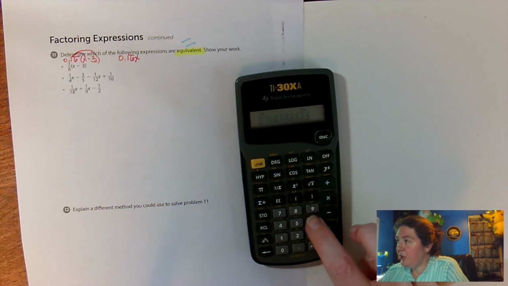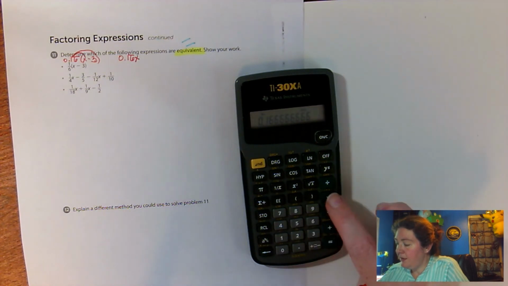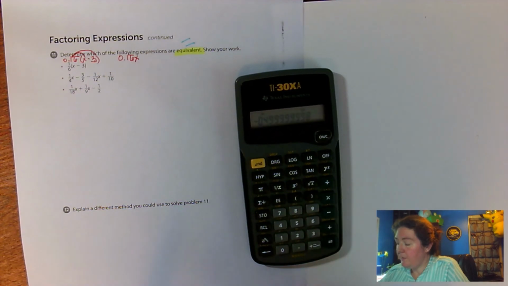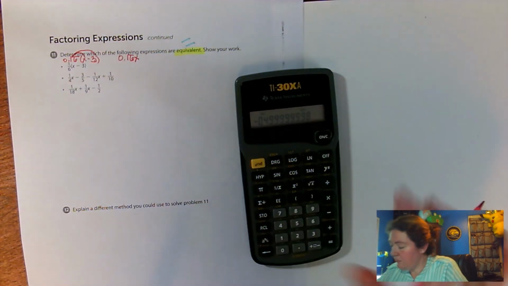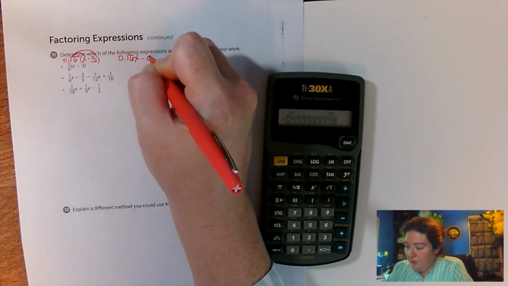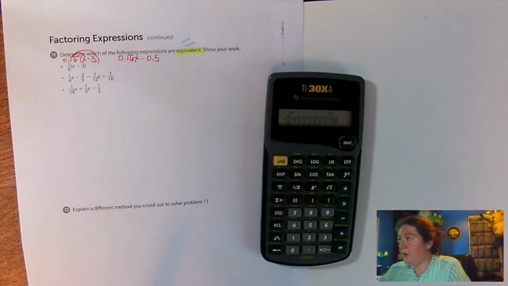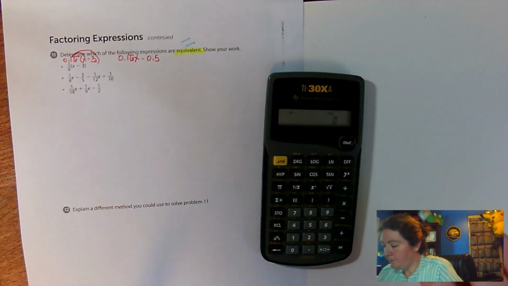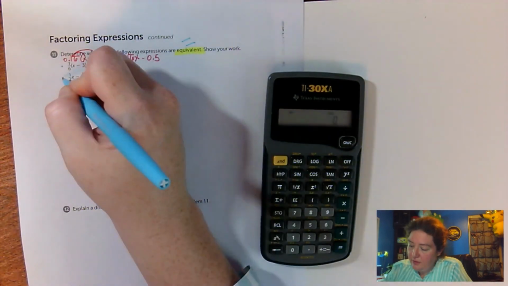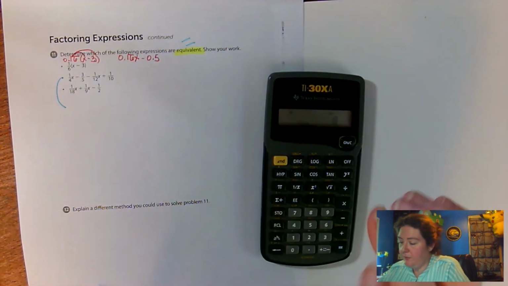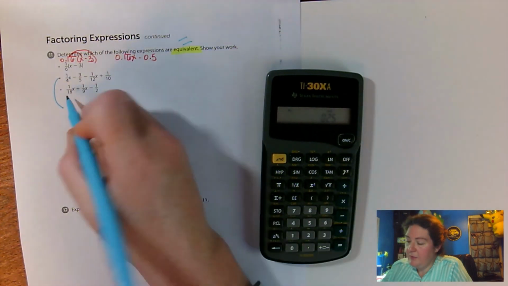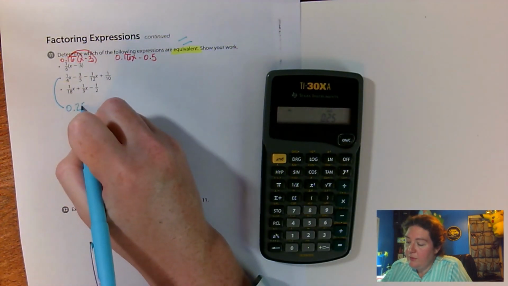0.16, fill up my screen, times negative 3 gives me 0.5. I'm going to go ahead and round that one. Alright. I'm going to bring this one down, write it in blue. 1 divided by 4 gives me 0.25x.